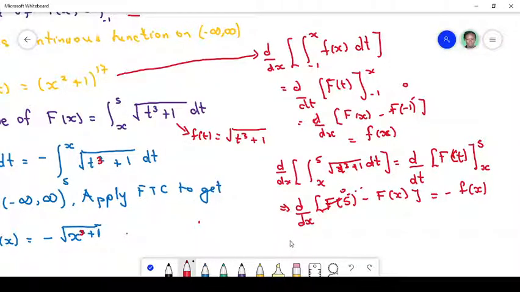So the derivative of this is giving me minus f of x. What do you notice here?